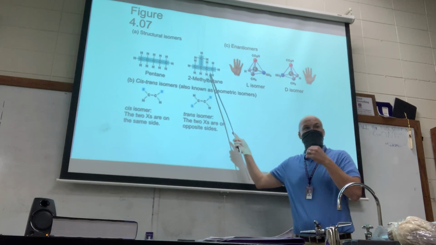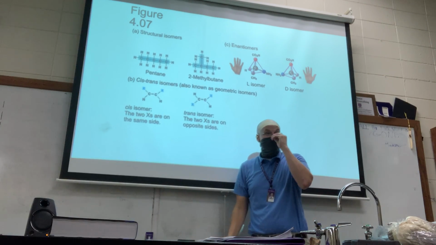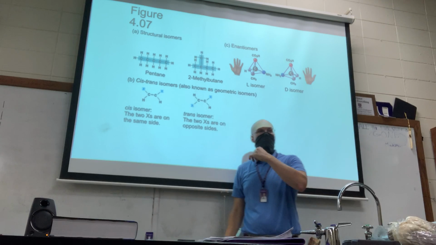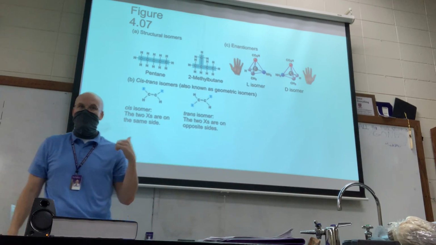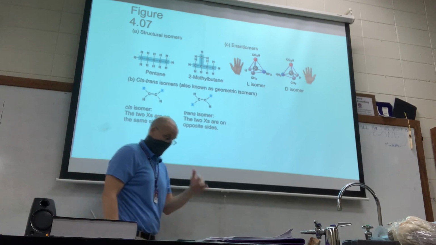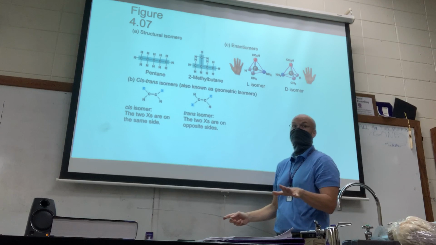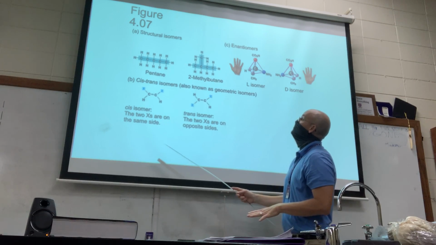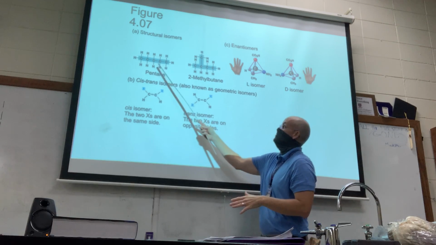Well, this is C5H12. So sometimes it's not enough just to write out the formula like H2O or C5H12, because in some cases you can arrange the puzzle pieces differently. And so these are what we call isomers.